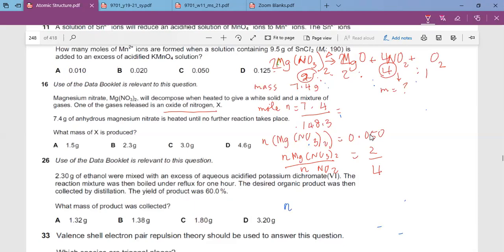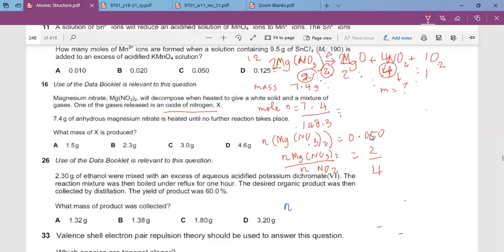So 2 over 4. 2 moles give you, and you can check, 2 times 2 is 4, so here must be 4. If you like, 4 times 3 is 12. Here, oxygen is 2 times 2, 4, and 8, 10, 12, isn't it?